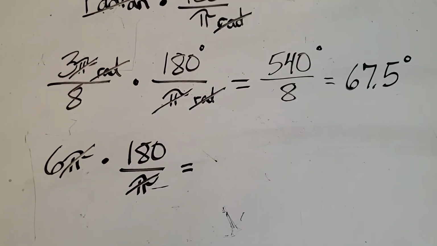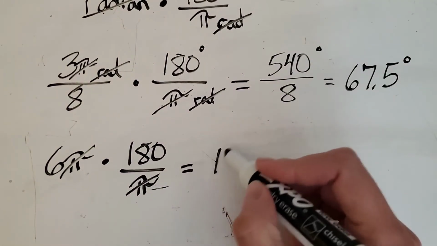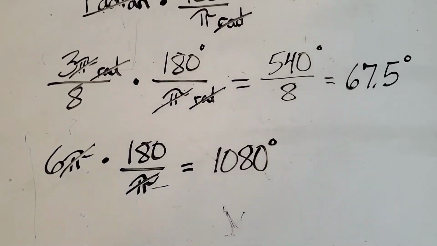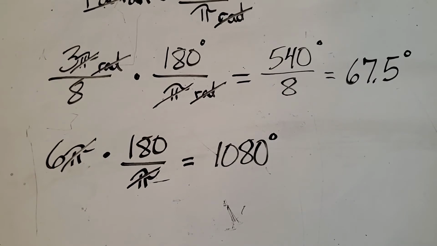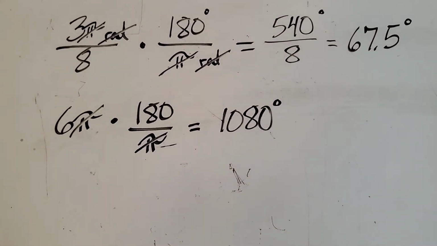And I've got 6 times 180, which is 1,080 degrees. So if you are moving from radians to degrees, multiply by 180 over pi. If you are moving from degrees to radians, multiply by pi over 180. That one spot on the unit circle that is easiest to move from.